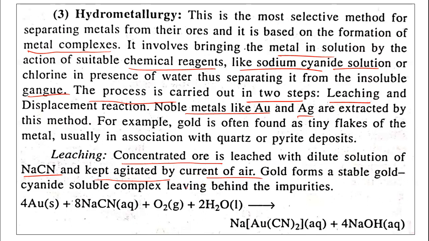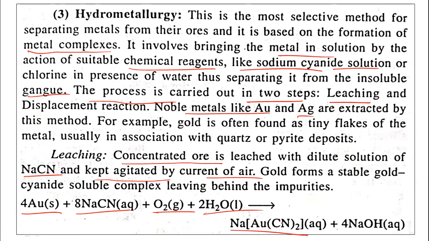So gold forms a stable gold cyanide complex. We treat the gold with sodium cyanide and pass the air in the leaching process, so there is a formation of this gold complex.